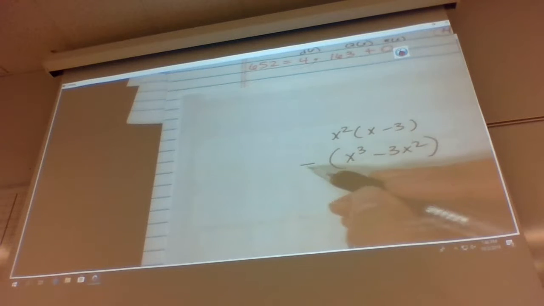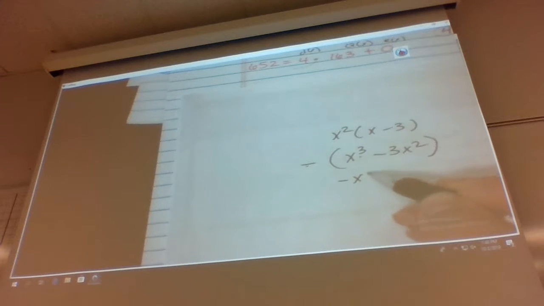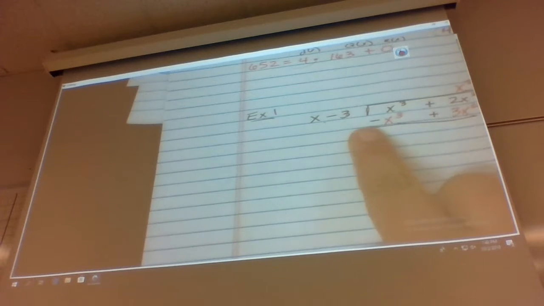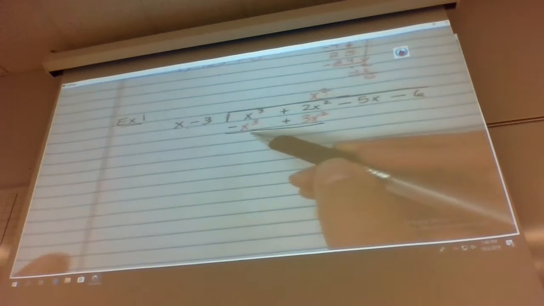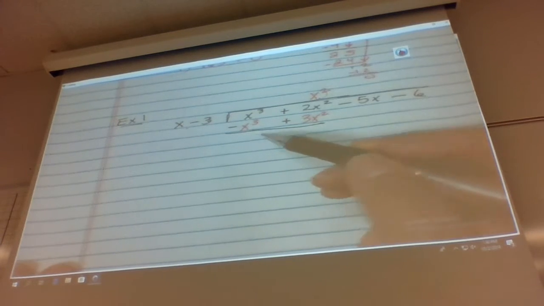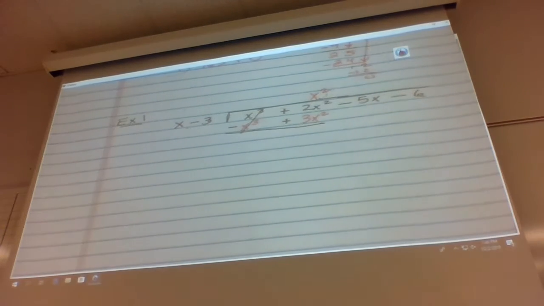Subtraction, this becomes a negative, but this becomes a positive. So just stick it in your head that they're always going to become the opposite sign of what they were originally. Now, x cubed minus x cubed becomes zero, and that is your goal. If that happens, you did the right thing. So you're trying to cancel out. Yes, and that's the whole thing.